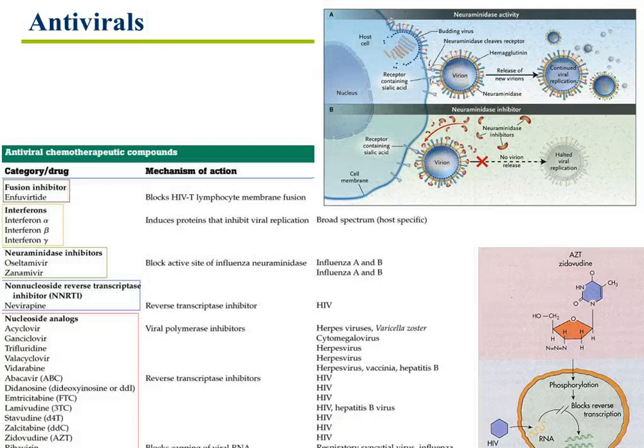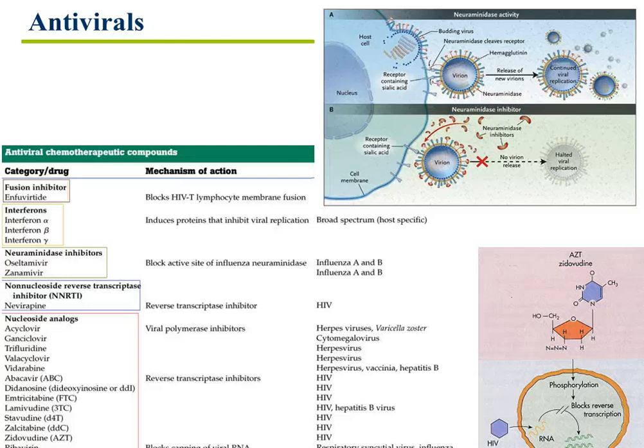Again, here's a chart showing the same kind of thing. Up at the top, you've got fusion inhibitors. They block the attachment of the virus. Interferons, I've already mentioned. They will cause an uninfected cell to make its own defensive proteins that block viral infection. Then there are reverse transcriptase inhibitors for HIV, because that blocks the production of DNA from RNA.